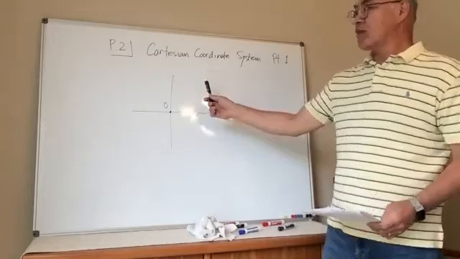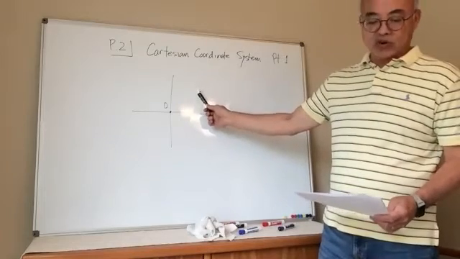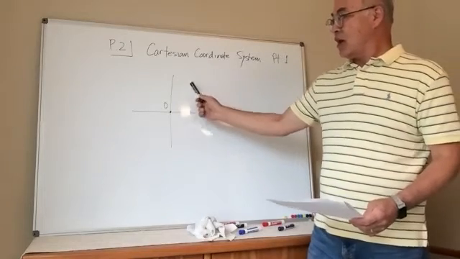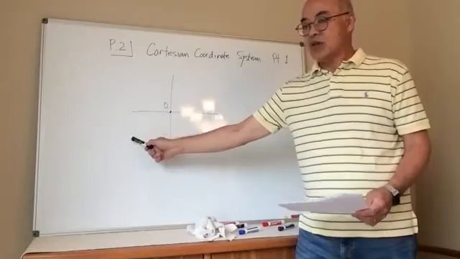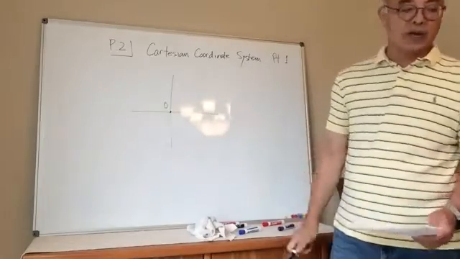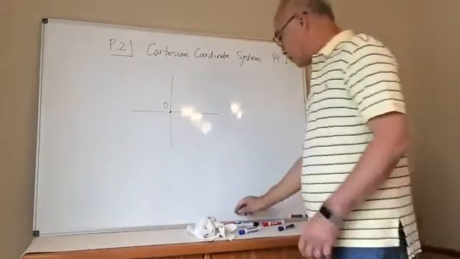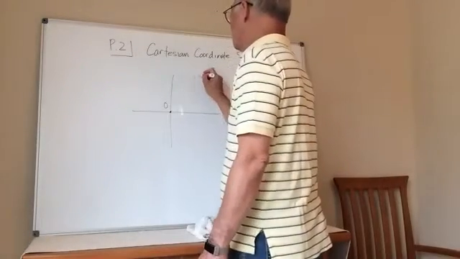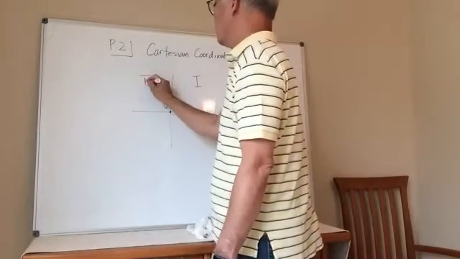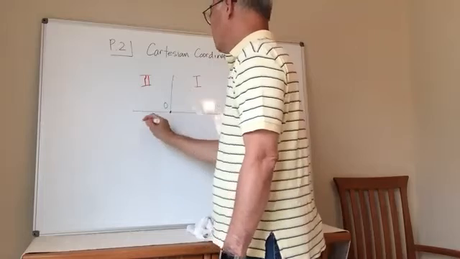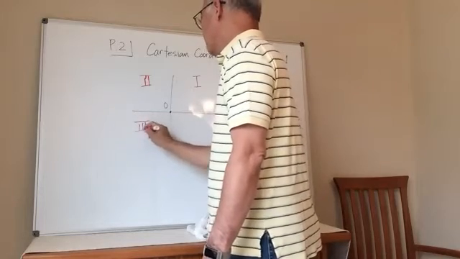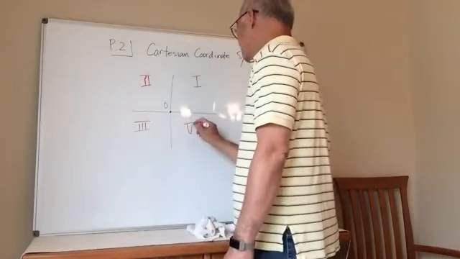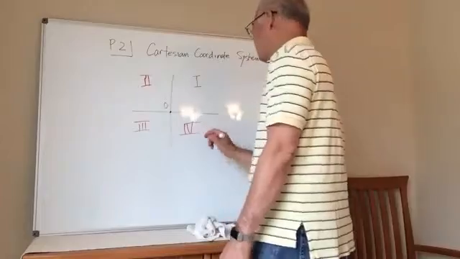We start from this quadrant, which is the first quadrant. 1, 2, 3, 4, going counterclockwise. The quadrants are usually notated in Roman numerals: 1, 2, 3, 4.